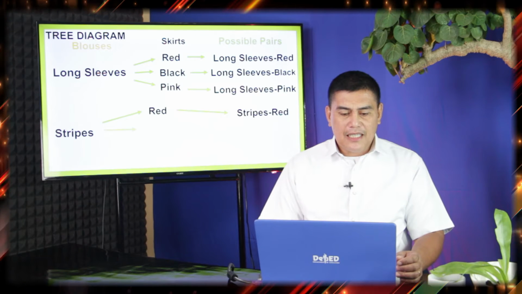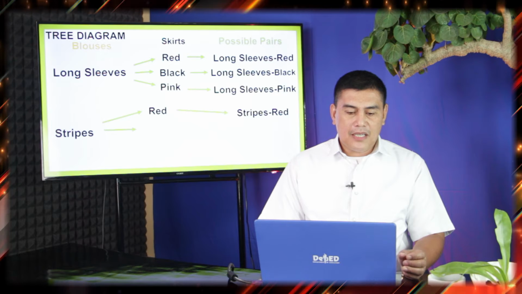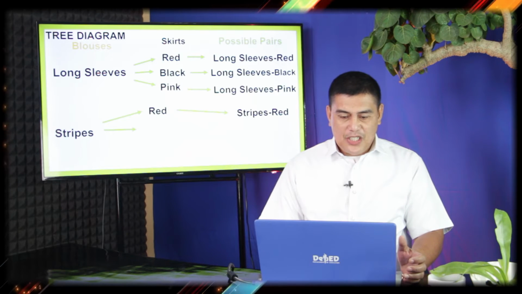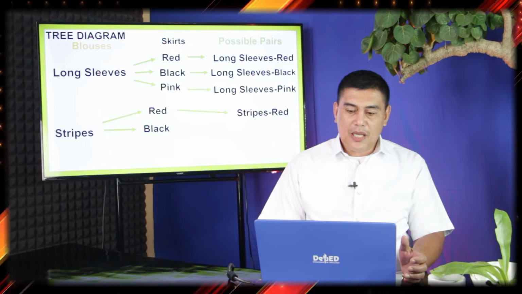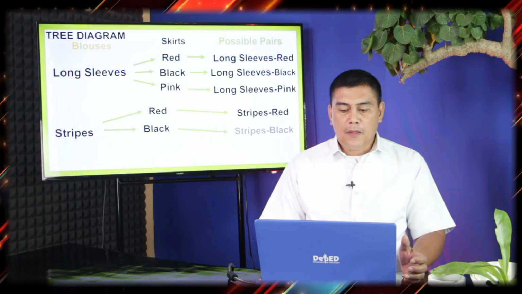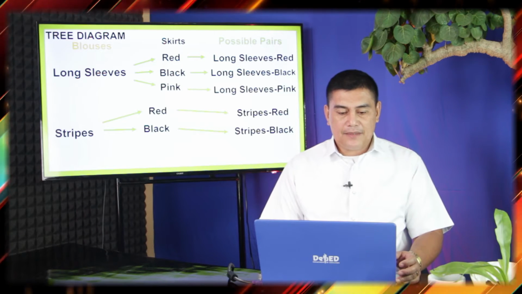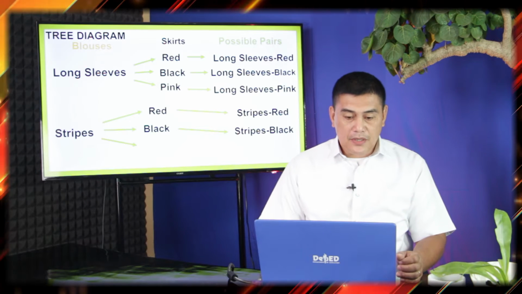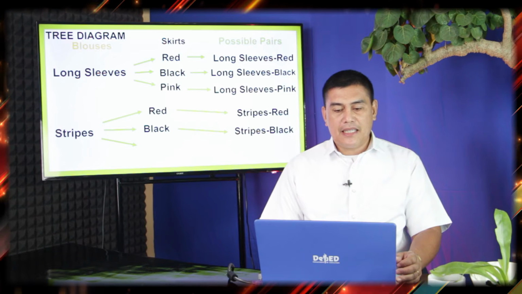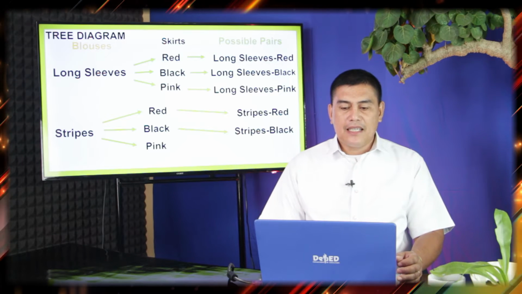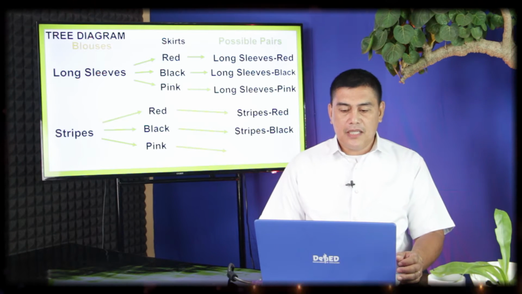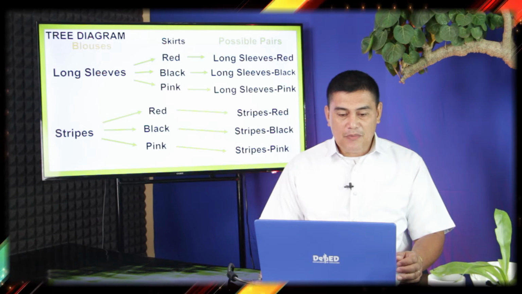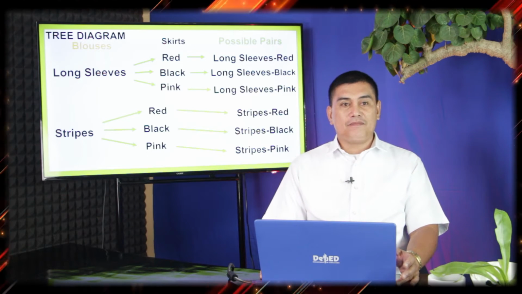Now, kung ang napili niya sa blouse ay stripes, then sa skirt naman is black, so the possible pair would be stripes and black. Again, kung ang napili niyang blouse is stripes, sa skirt naman is pink, the possible pair would be stripes and pink. Meron pa bang possible pair?